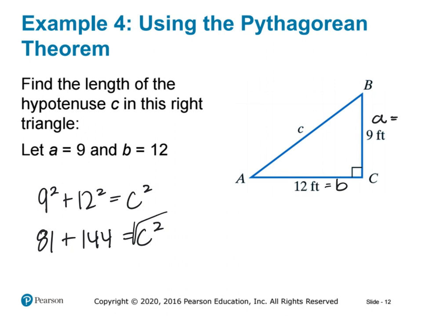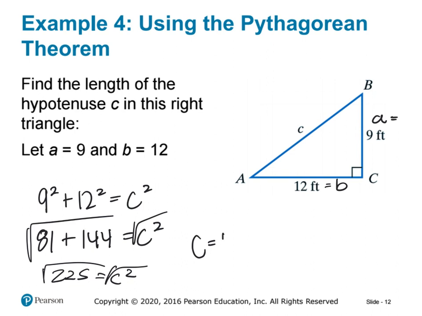Now you can square root at this stage, or you can add those together and then square root it. If you added those together, you would get 225, and then you can square root it. It's up to you. Either way, you'll get that same answer. So 225 square rooted is 15. So C is going to equal 15 feet.